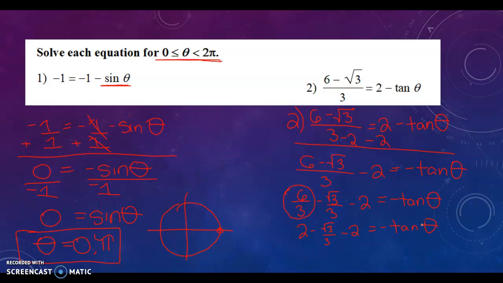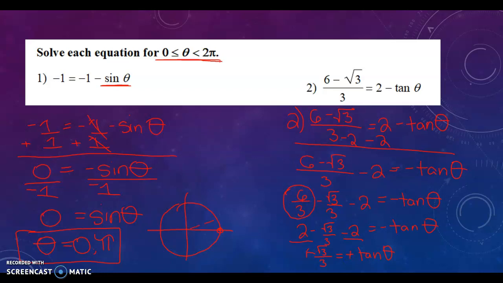Well, we can take 2 and subtract 2, and they give me 0. And so I am going to end up with negative square root of 3 over 3 equals negative tangent theta. I can go ahead and divide both sides by a negative, and that's going to make both of them positive.